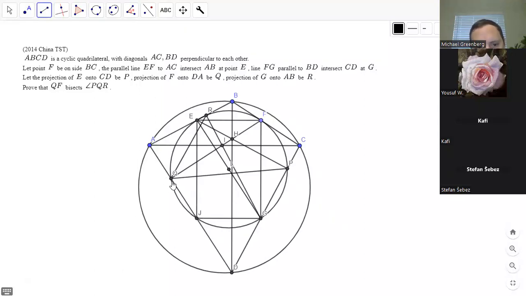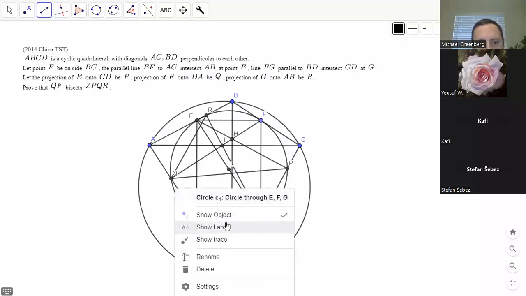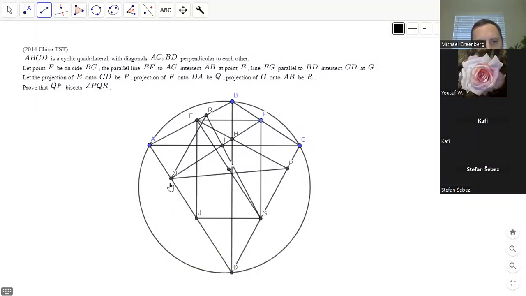JQF equals 90. Like, sorry, what? So Q is defined as a projection of F. Okay, so now we know ERFGJ is cyclic. Okay.